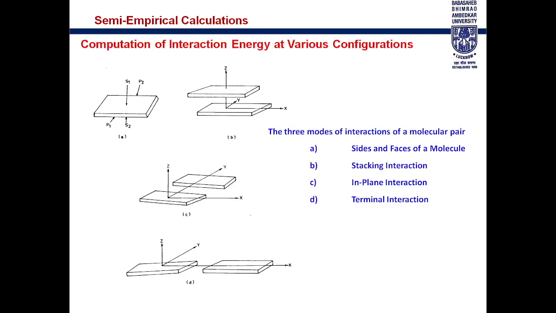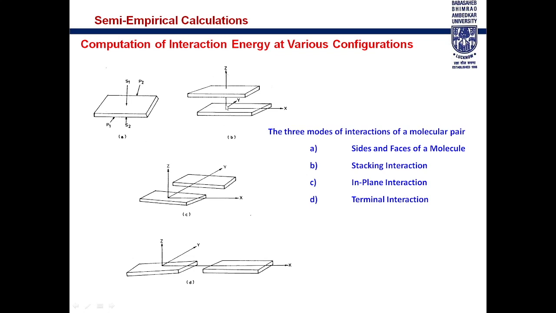Computation of interaction energy at various configurations. Here we first show the six faces of the molecule, and for interaction they are termed as stacking side A, side B, in plane side A, side B, and terminal interaction side A, side B, which is explored like this.